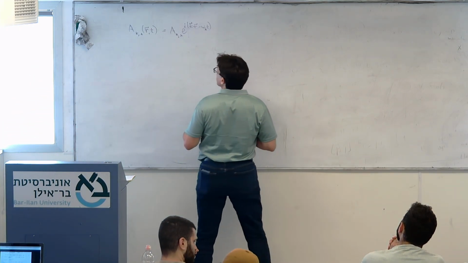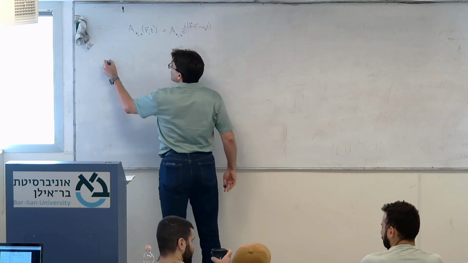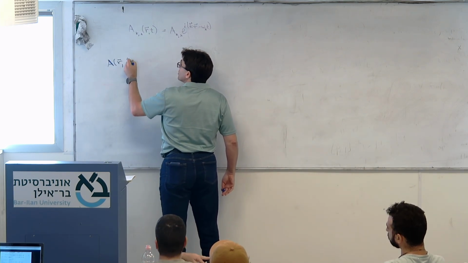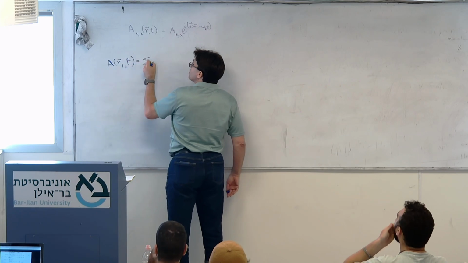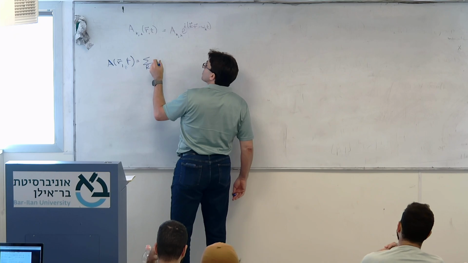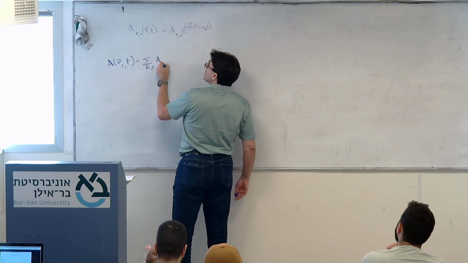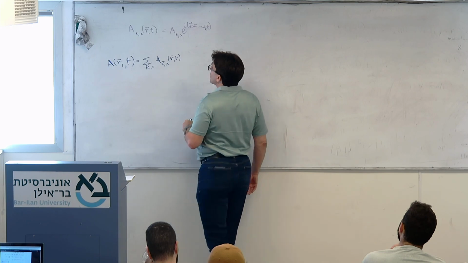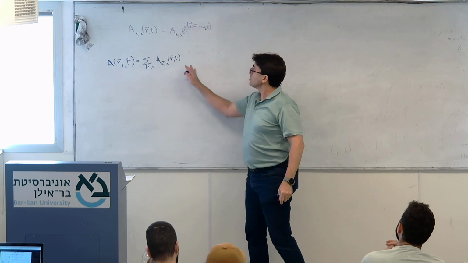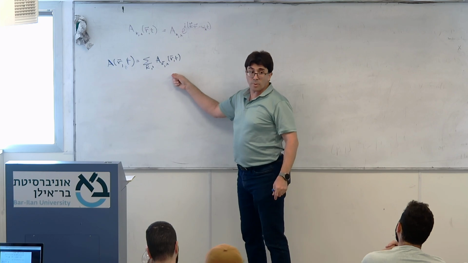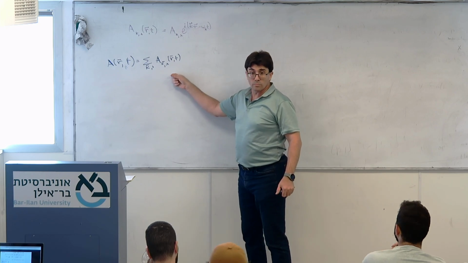You remember that we can say that A of r and t equals a sum over k and lambda. So this is general. But what those functions are depends on the boundary conditions that we assume.